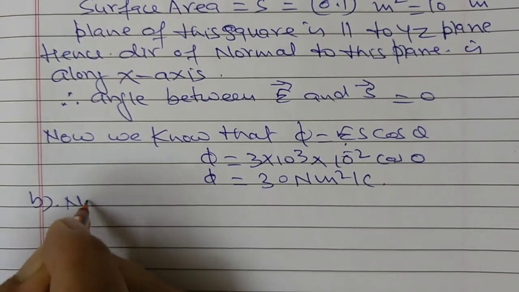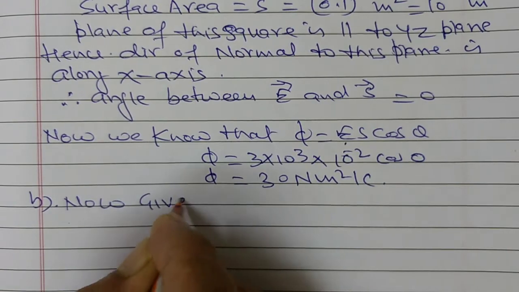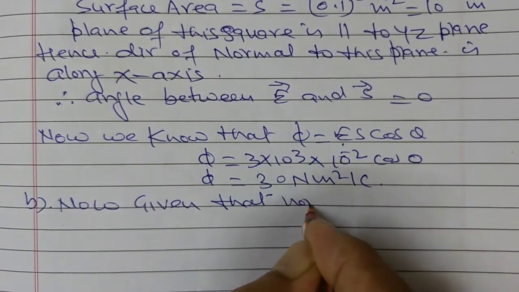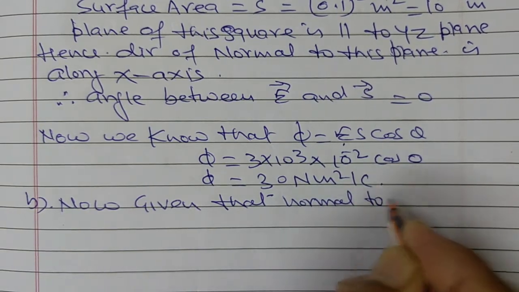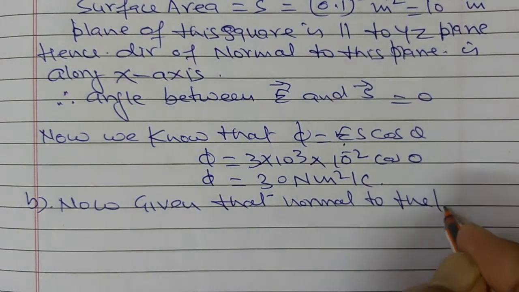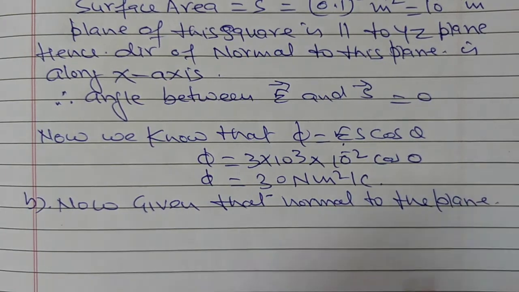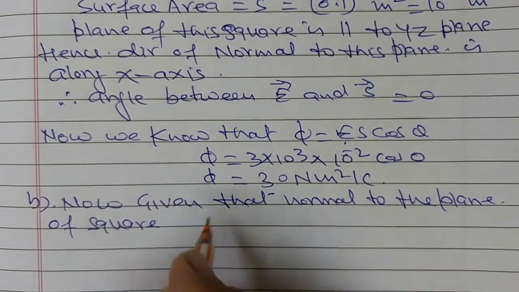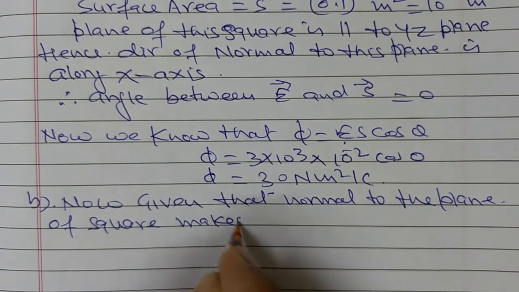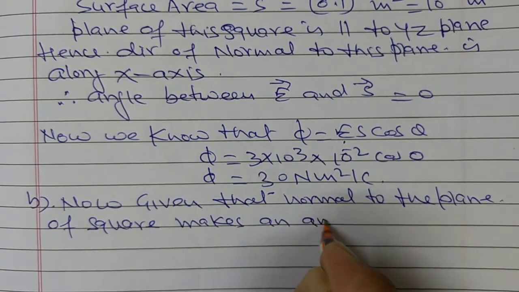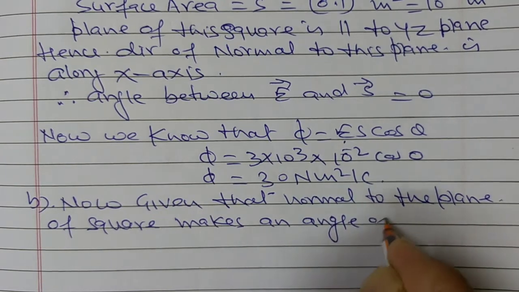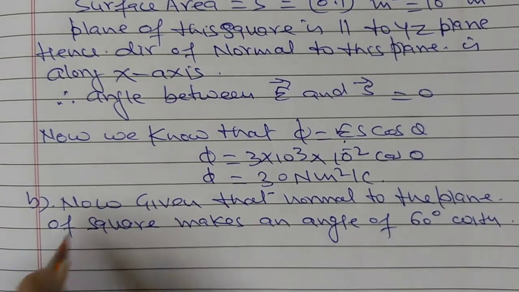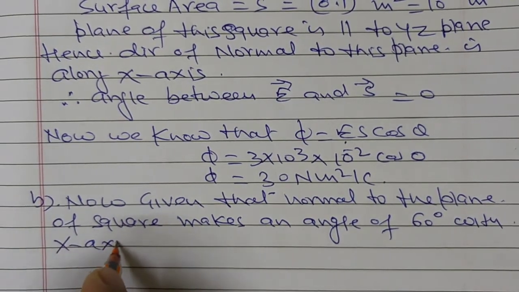Now given that normal to the plane of a square makes an angle of 60 degree with the x-axis, positive x-axis.